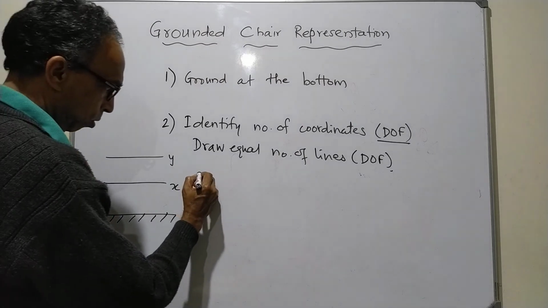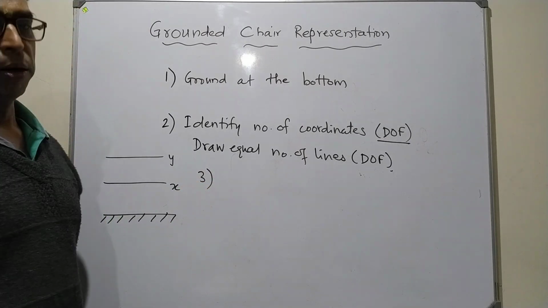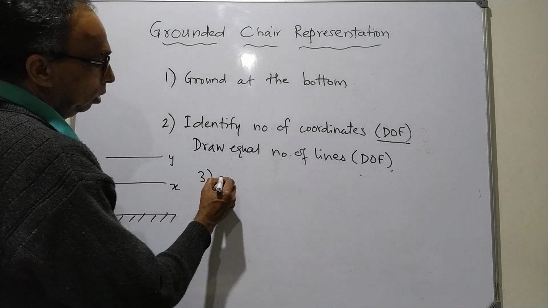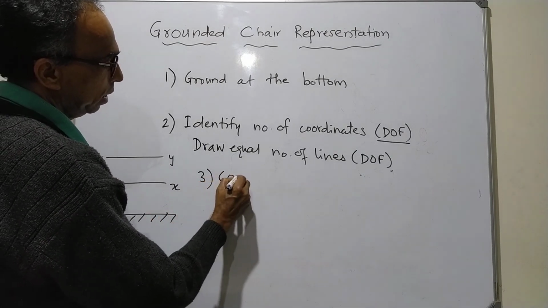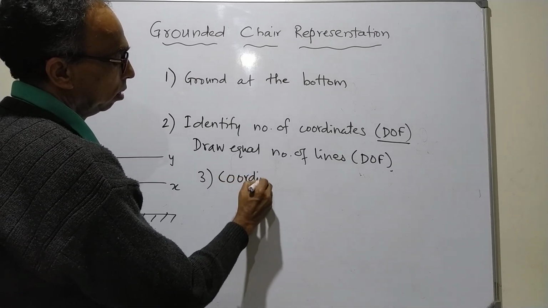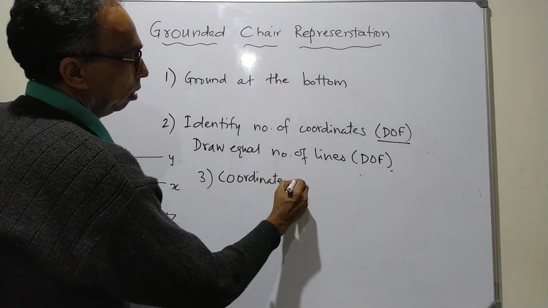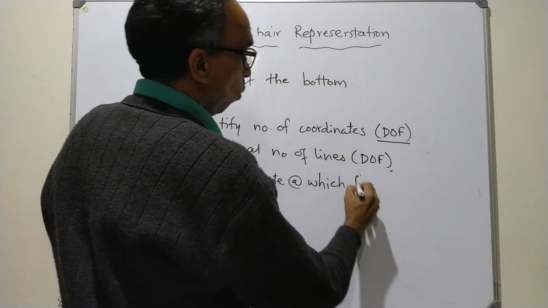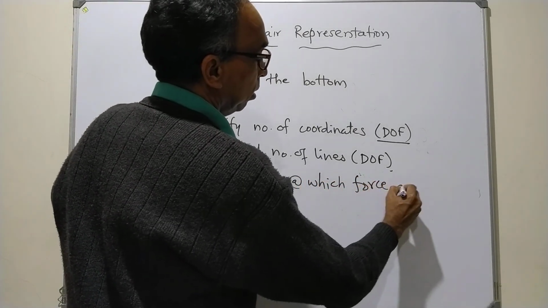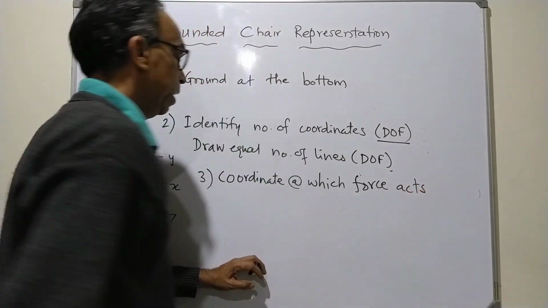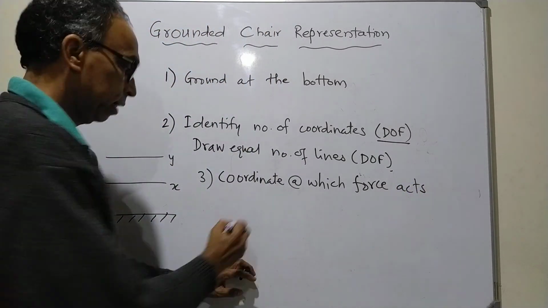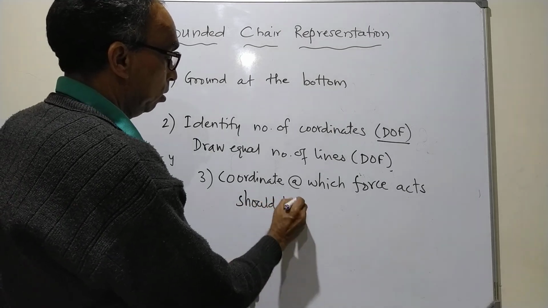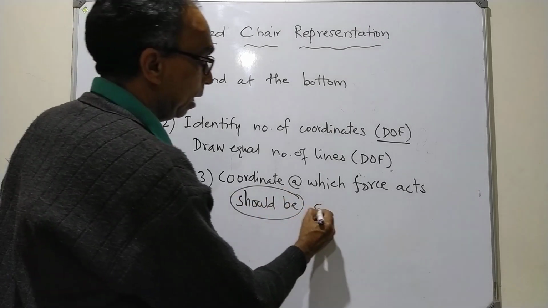The third important rule in grounded chair representation is that the coordinate at which force acts, this is very important, should be at the top.